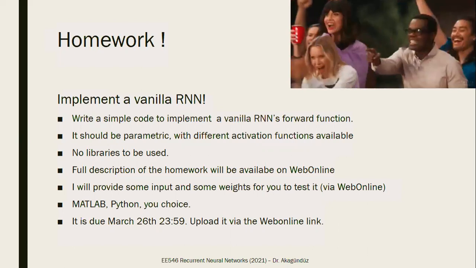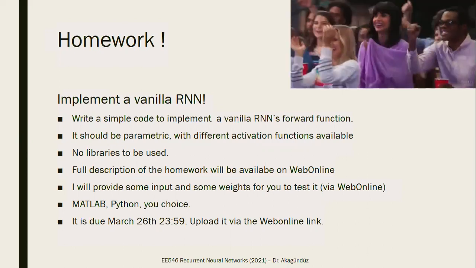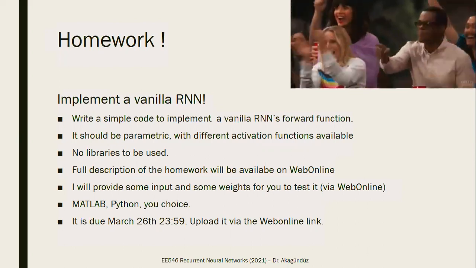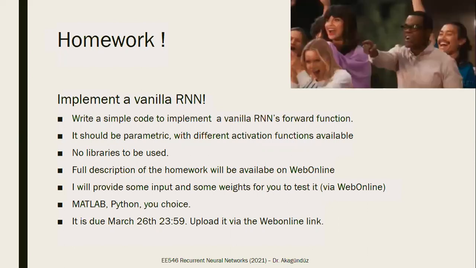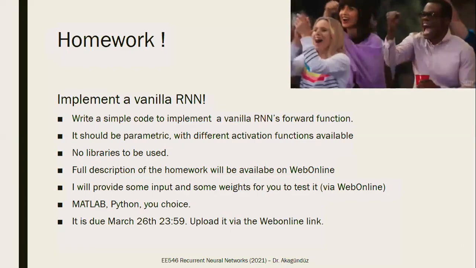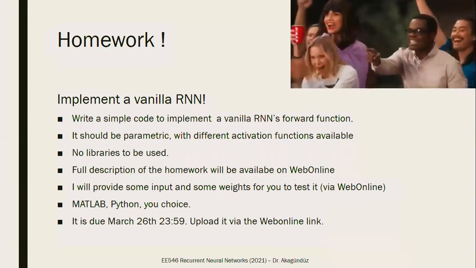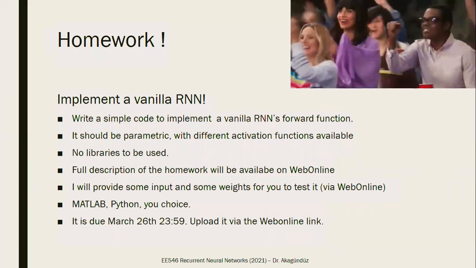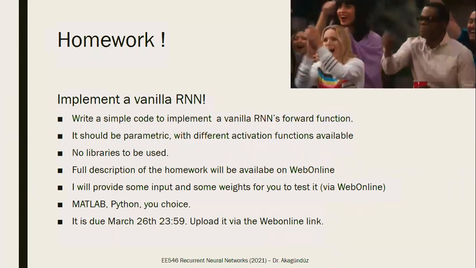I'm going to be asking you something funny. So this will be the RNN's forward function. You won't have the backward function, so you won't have the chance to backpropagate any error or loss function, right? But I'm going to be asking you to find weights for a specific problem.